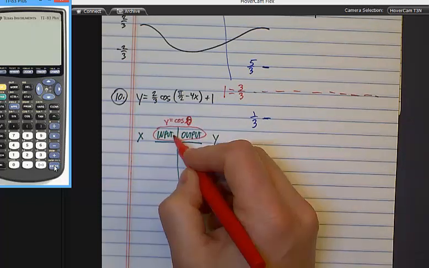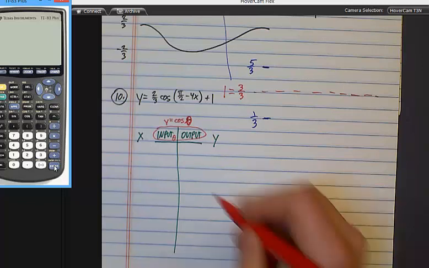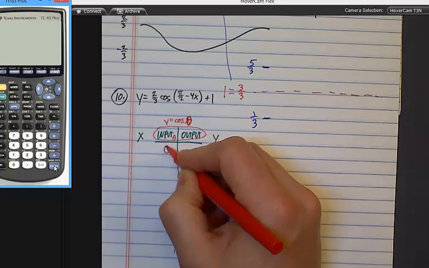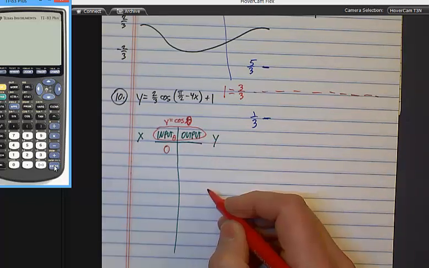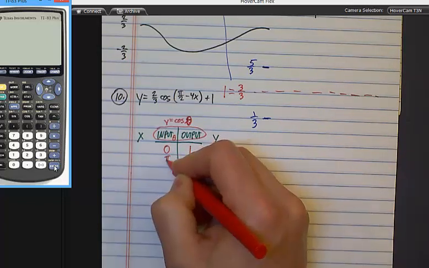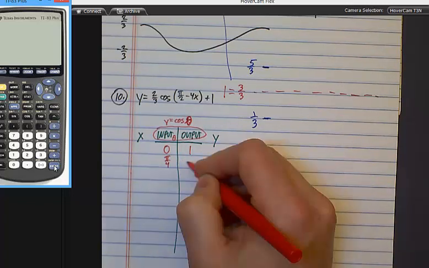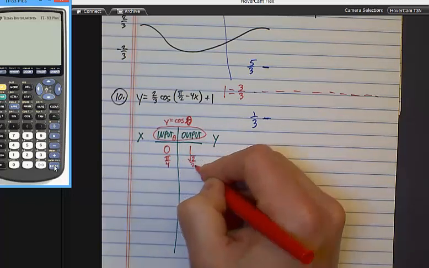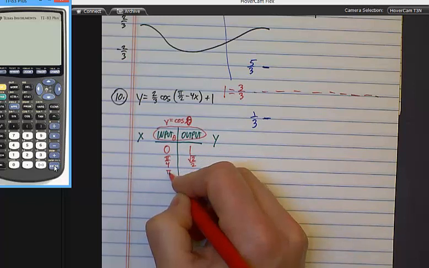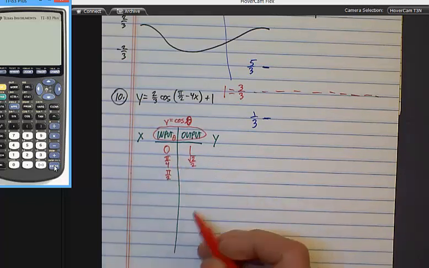Now, what angles do we usually use when we talk about cosine? What are some of the important angles? Well, things like 0. What's the cosine of 0? Sure. Or pi over 4. That's 45 degrees, and we know that that's square root of 2 over 2. And so you'll see this kind of thing in the book where they keep going up by pi over 4 because, for example, what's the cosine of pi over 2?